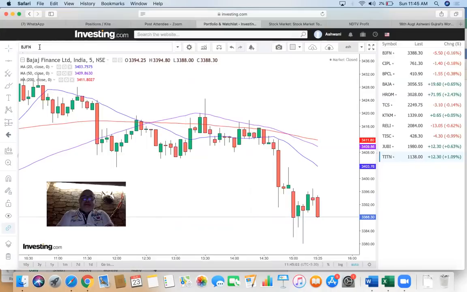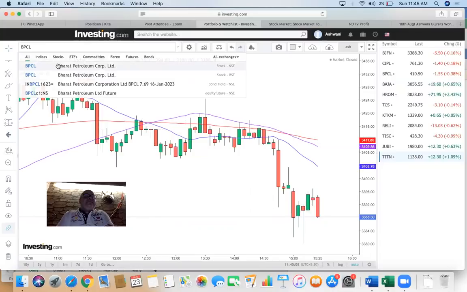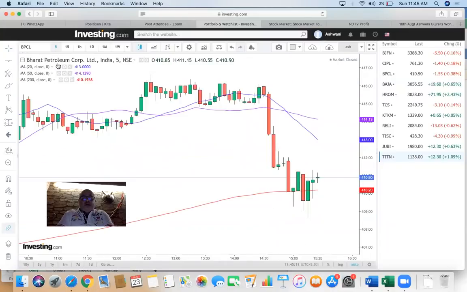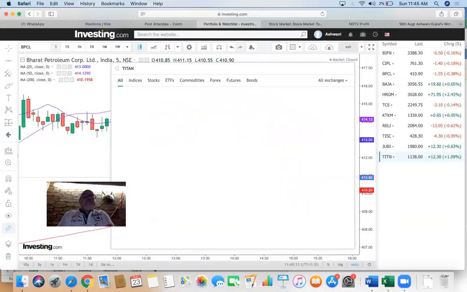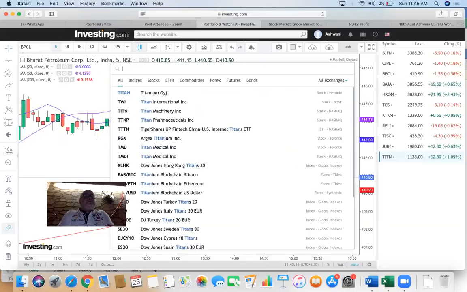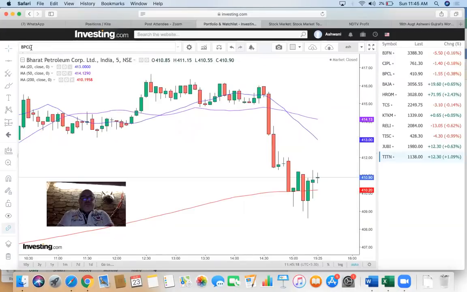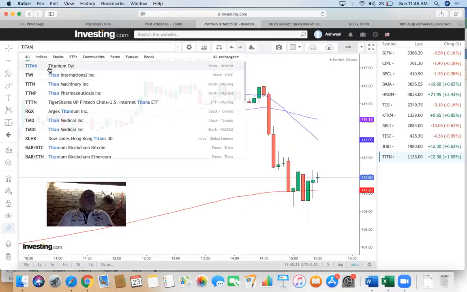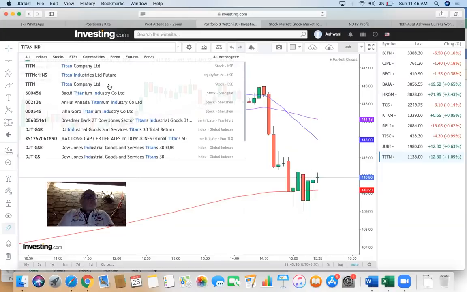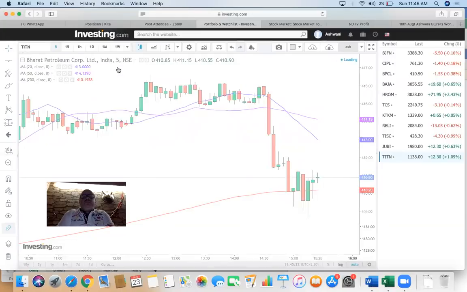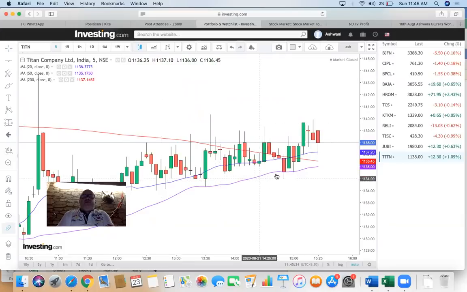And if a stock is above its 200, BPCL or something like Titan, I will look to buy into the stock.